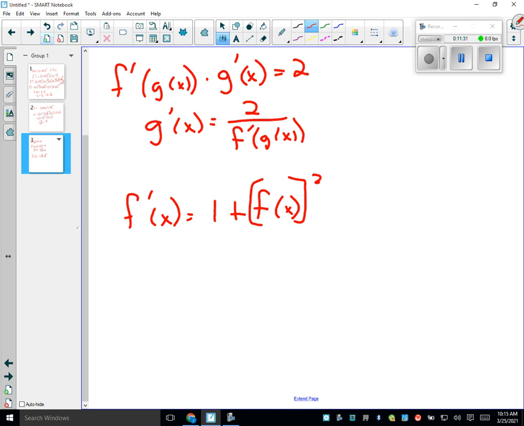It took me a minute to figure out what I did. I wasn't sure how to show it, but all I did was plug in 2x to the bottom, to f prime of x, and that gives you the right denominator. But I don't know if that's right.